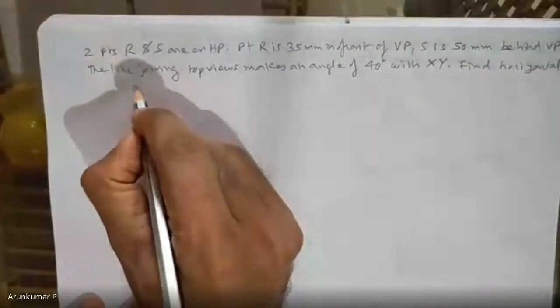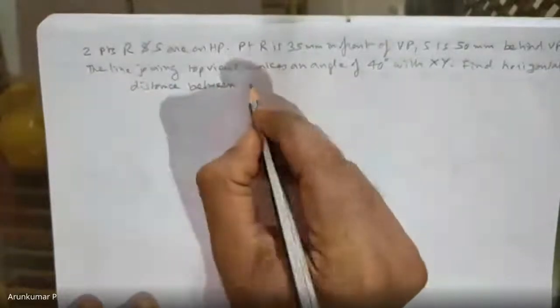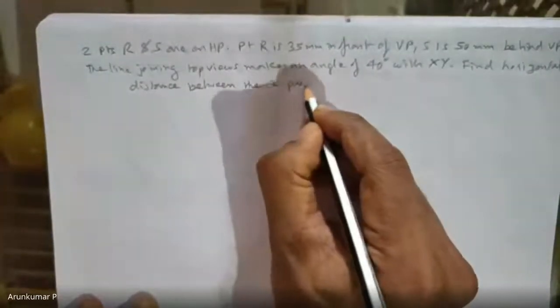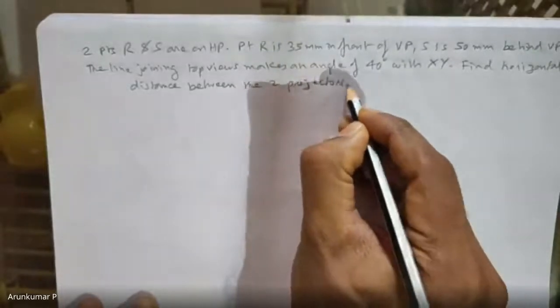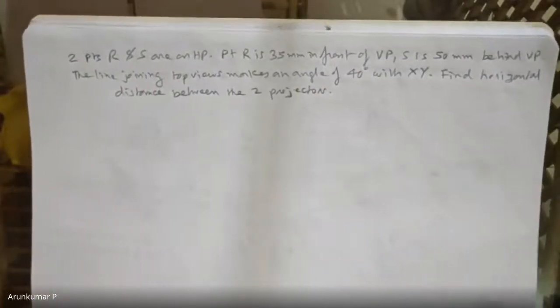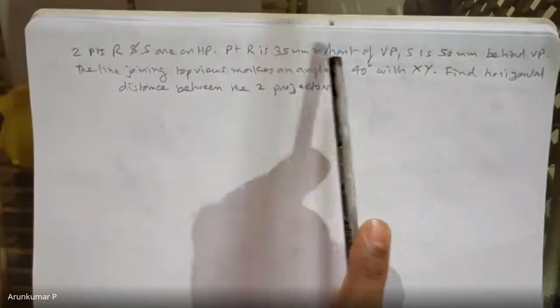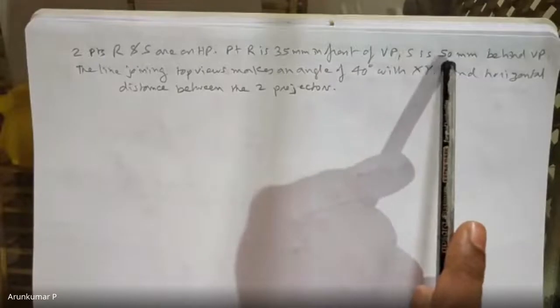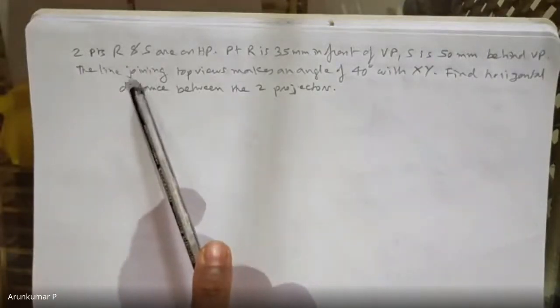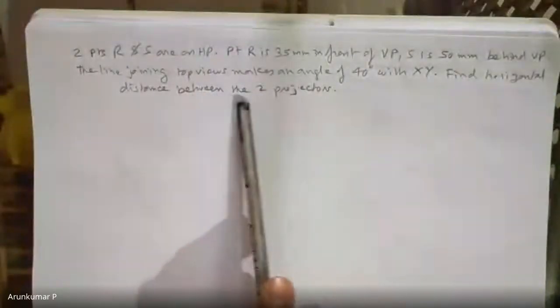Find the horizontal distance between the two projectors. So two points R and S are on HP. Point R is 35 mm in front of VP and point S is 50 mm behind VP. The line joining the top views makes an angle of 40 degrees with XY. Find the horizontal distance between the two projectors.